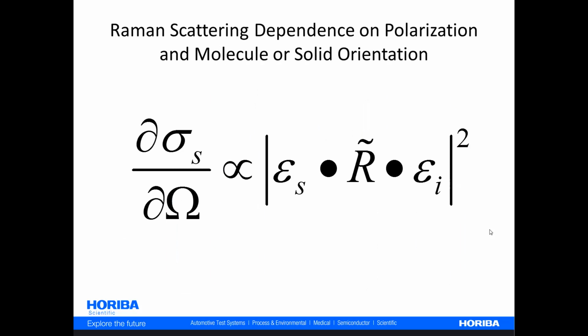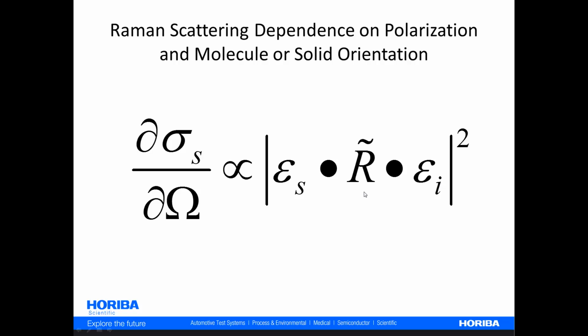Well, when considering the Raman scattering, here we have a simplified expression for the Raman scattering cross-section with respect to the solid angle, and its dependence on the incident electric field in conjunction with the Raman tensor and the scattering vector.